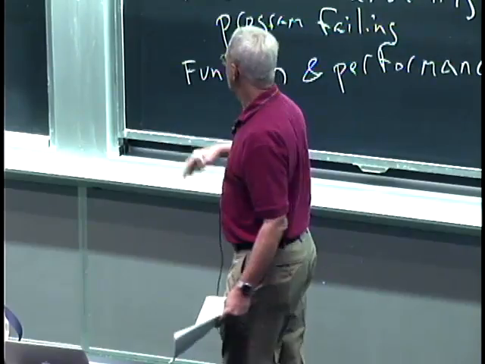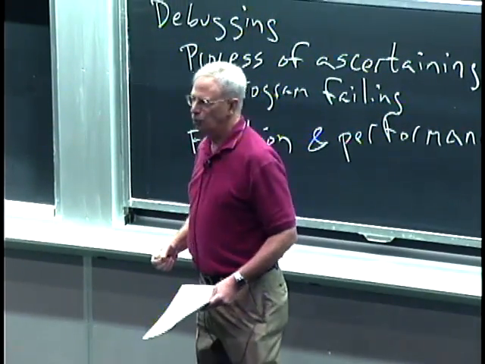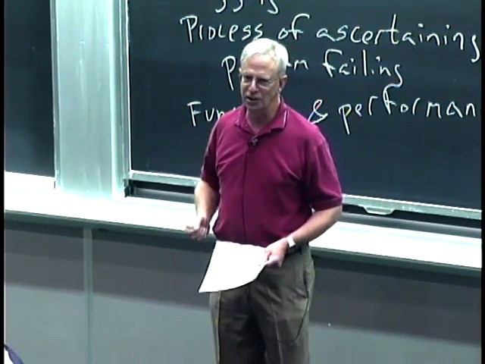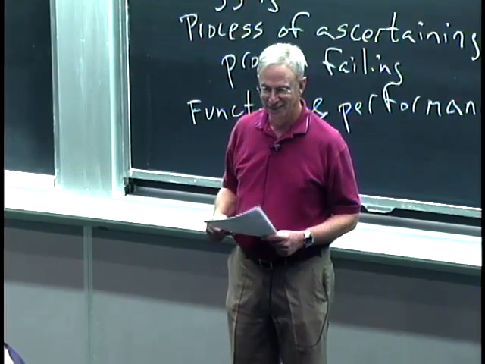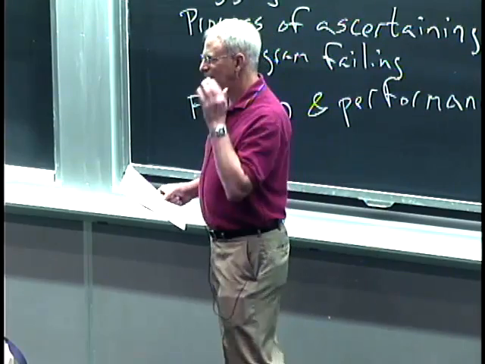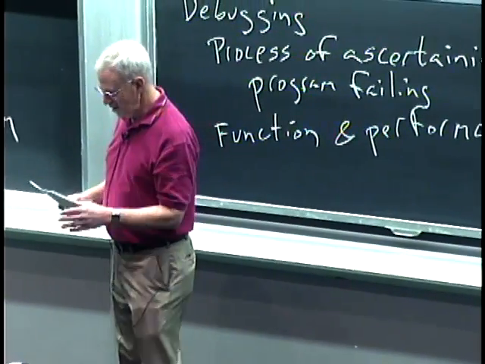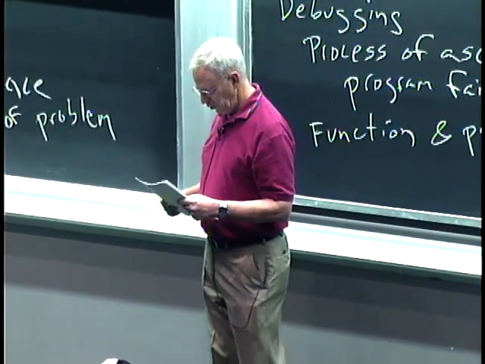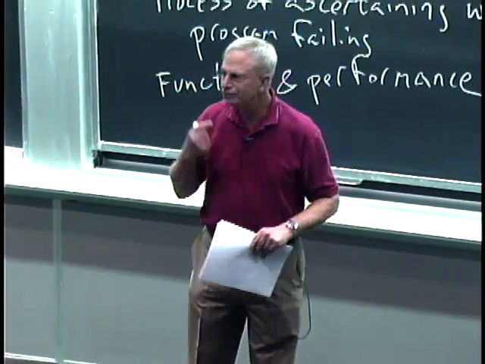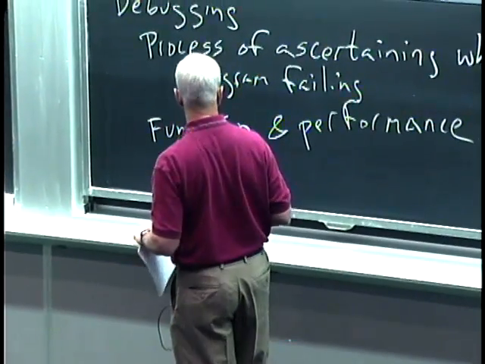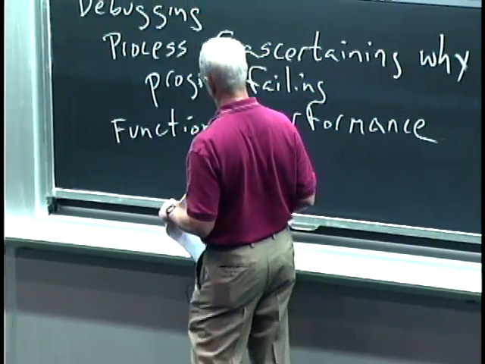Yet, I often see people when they're debugging proceeding at what, to me, looks almost like a random fashion of looking for the bug. That is a problem that may not terminate. So you need to be careful. So let's talk about how we go about being systematic as we do this.